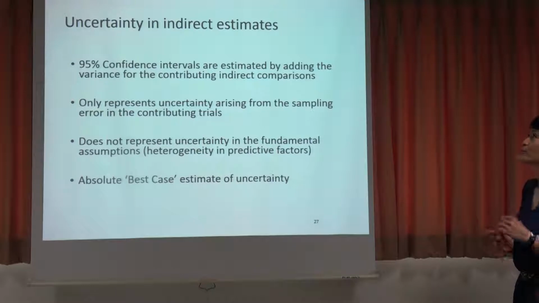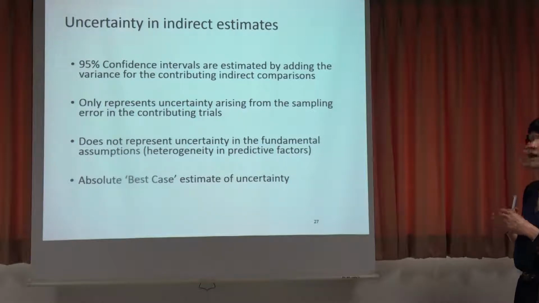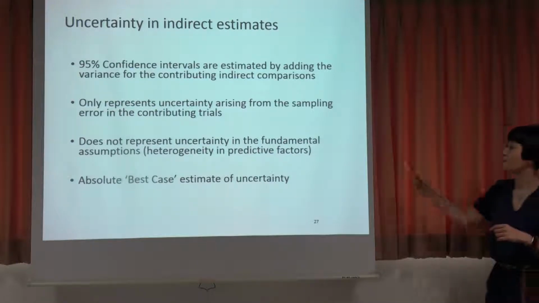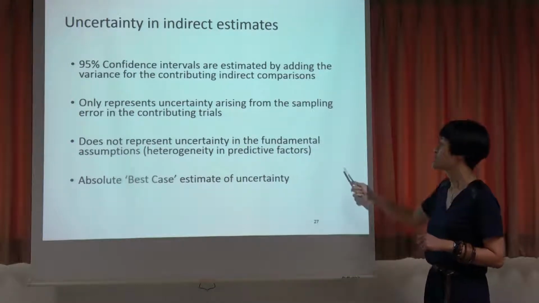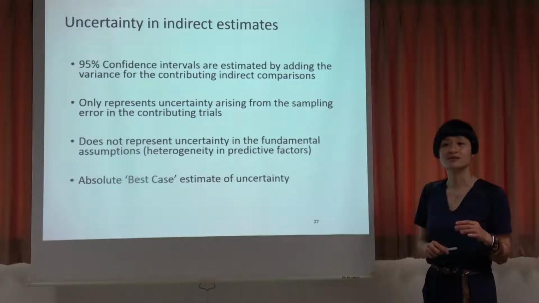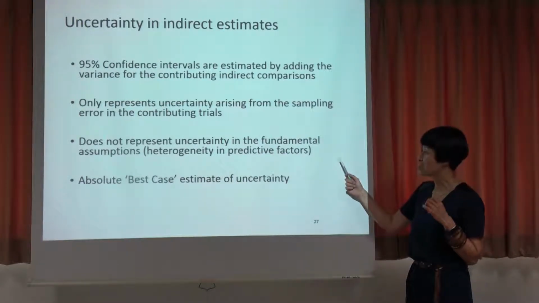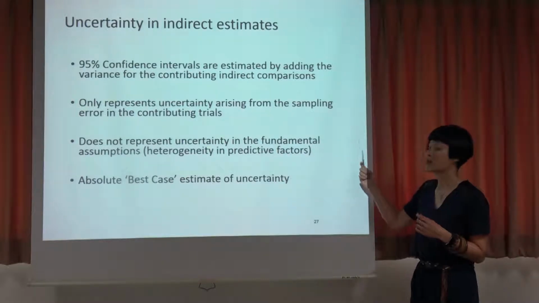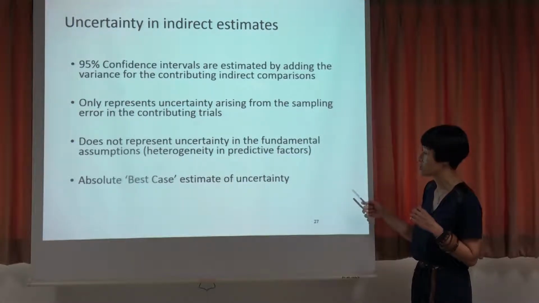Now, it's important to remember the uncertainty that we calculate in indirect estimates. The confidence interval is estimated by adding the variances that contribute to this indirect comparison. But it only represents the uncertainty from the sampling error in the contributing trials. It does not represent uncertainty in the fundamental assumptions, so we talk about consistency. If there is heterogeneity, especially if there are potential effect modifiers, then the variance doesn't capture that, which is very similar to pairwise meta-analysis.